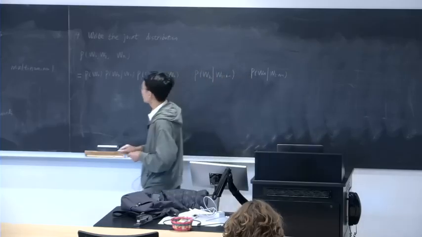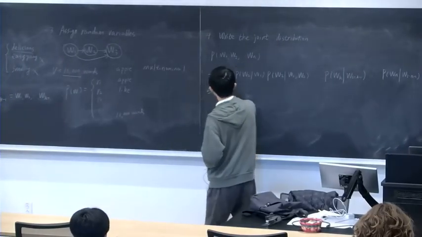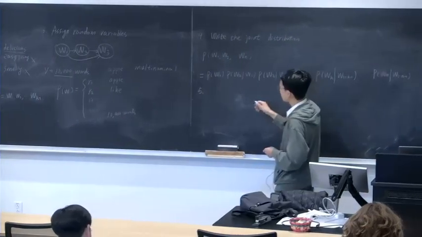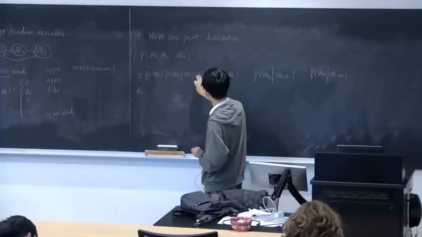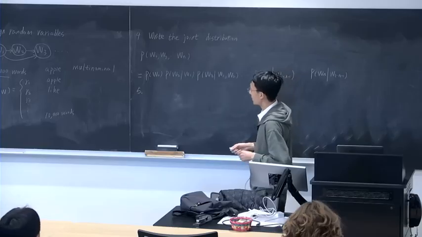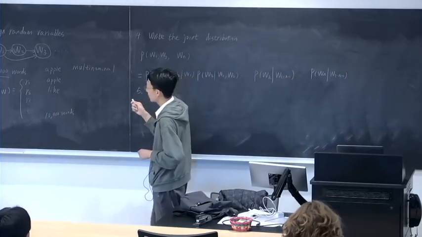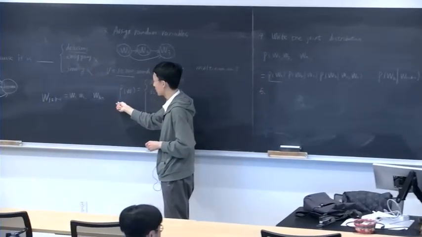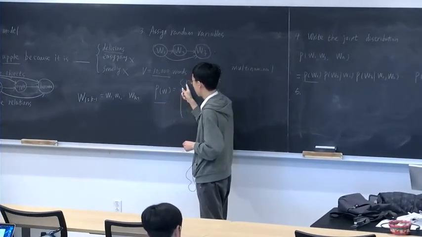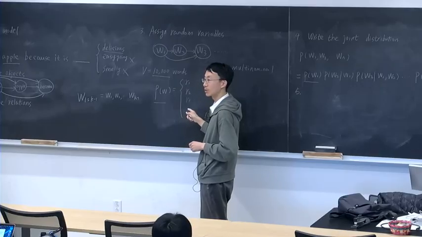Okay, now it's the last step, right? The fifth step. So in this joint distribution, we have these individual distributions. We need to determine what they are. So for the first token, P(W1), it's simple, right? It's just this multinomial distribution, right? Then you put down some parameters here for this multinomial distribution.